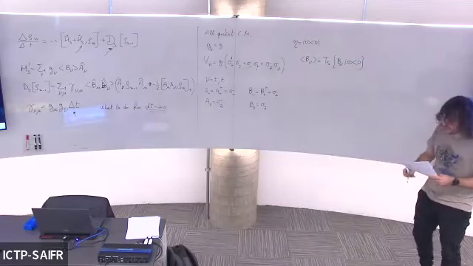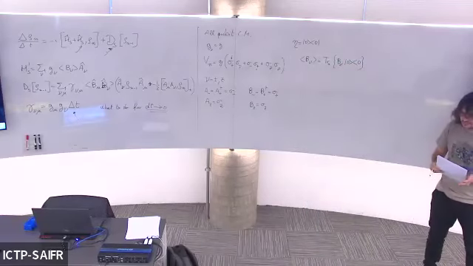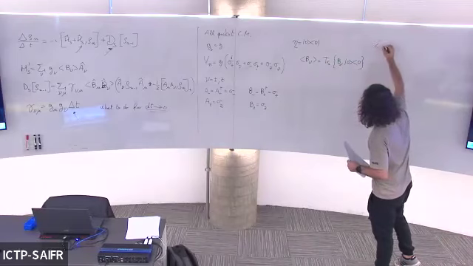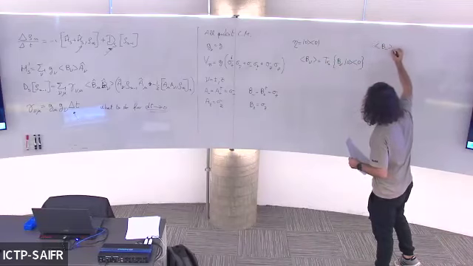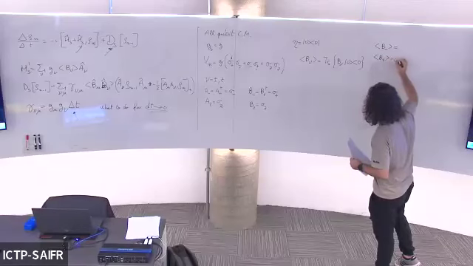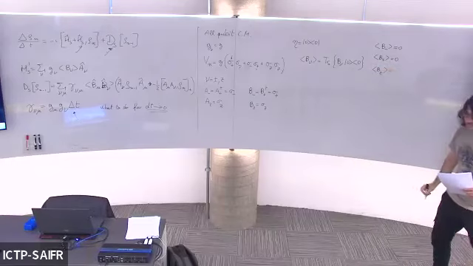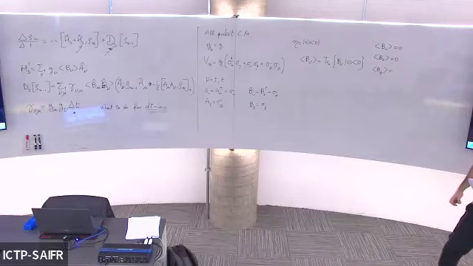And so what do we get? Zero. B_z can be plus or minus 1.